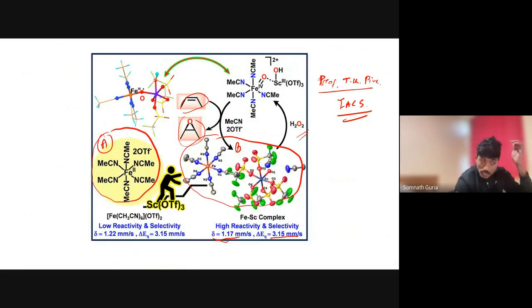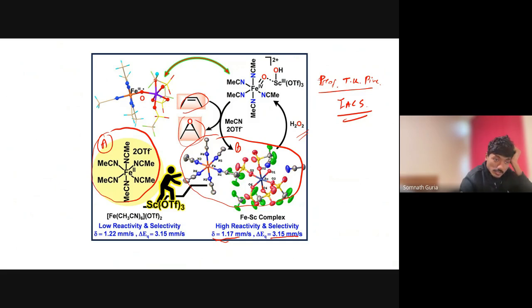And then we discussed some research problems with the addition of a Lewis acid, scandium triflate, which helps to stabilize this iron 4 oxo species, giving a highly reactive iron 4 oxo species that can transfer oxygen to an olefinic group.